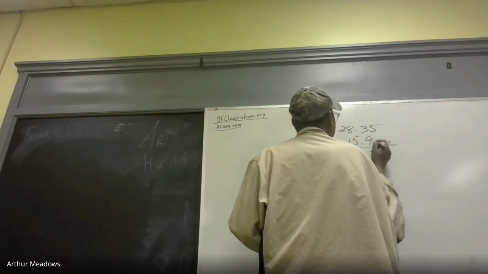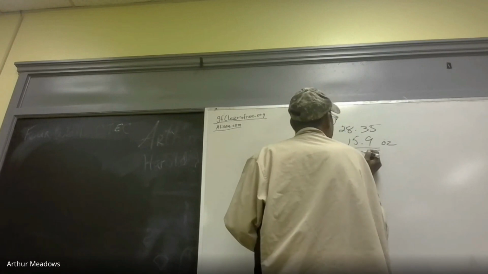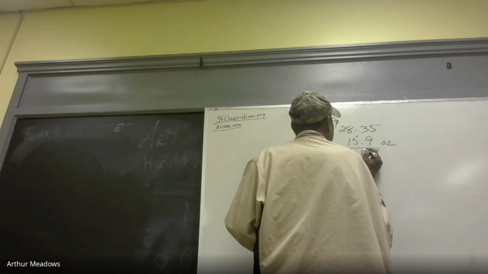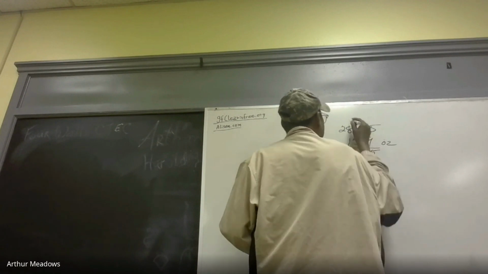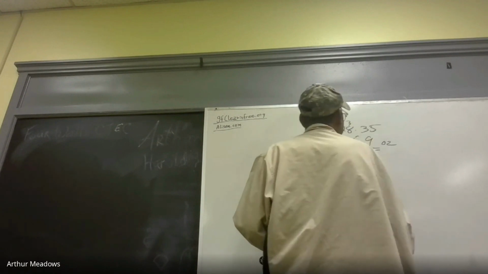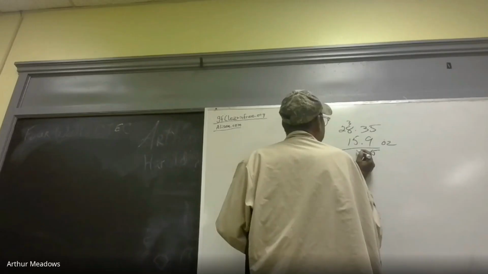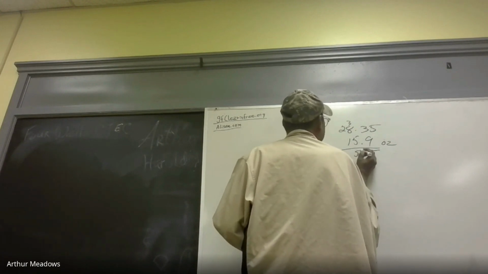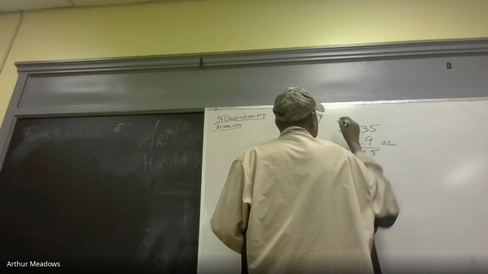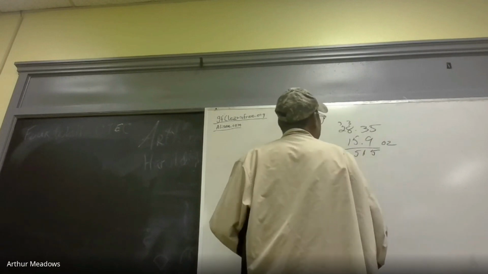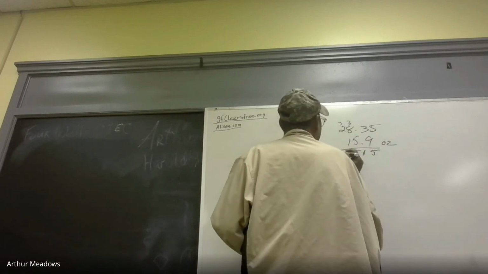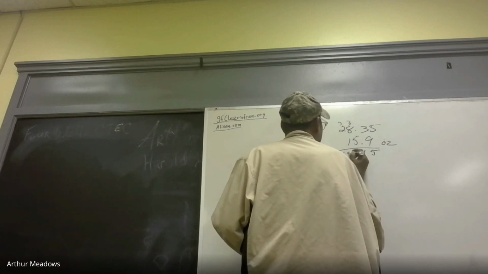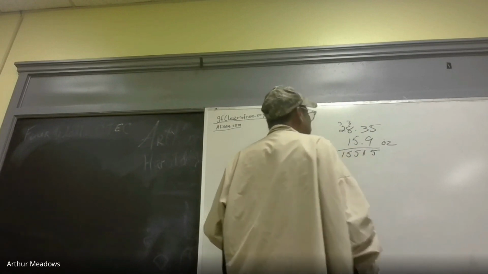45. 9 times 3 is 27, plus 4 is 31. 9 times 8 is 72, and 3 is 75. 9 times 2 is 18, and 7 makes it 25.